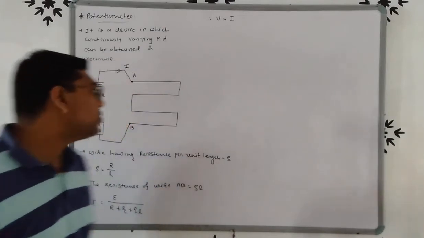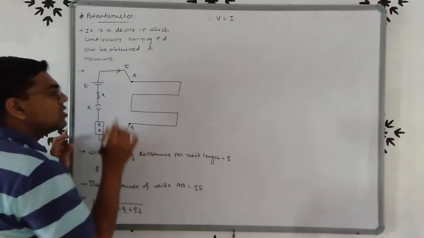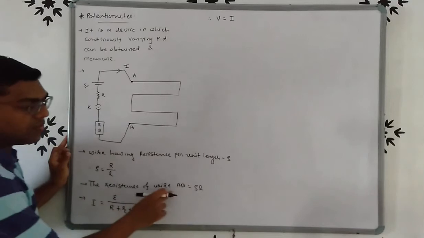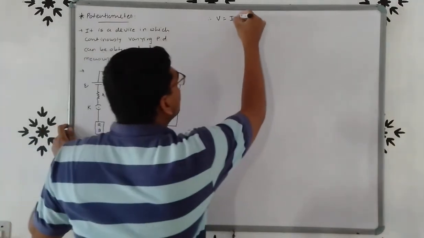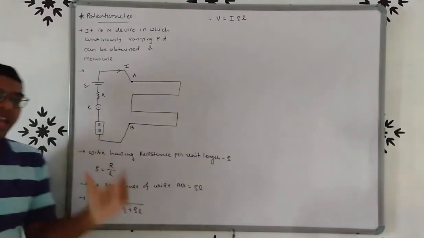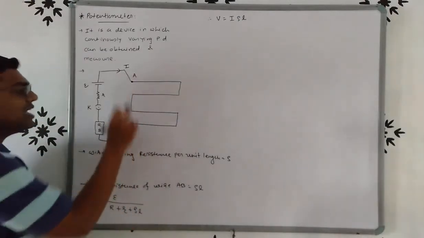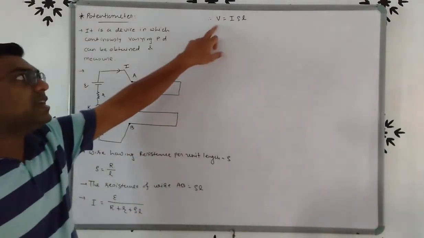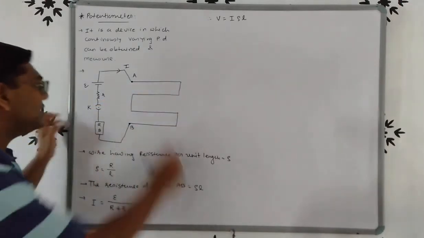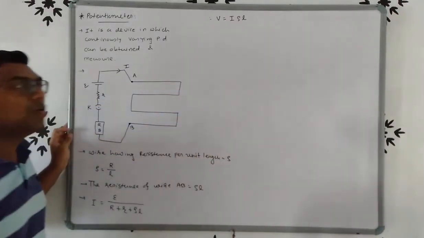But here we have to find out the potential difference between these 2 points A and B. So the value of resistance is the resistance of wire AB, that is rho L. I as it is, but the resistance of this wire AB is rho into L. So V is equal to I rho L.